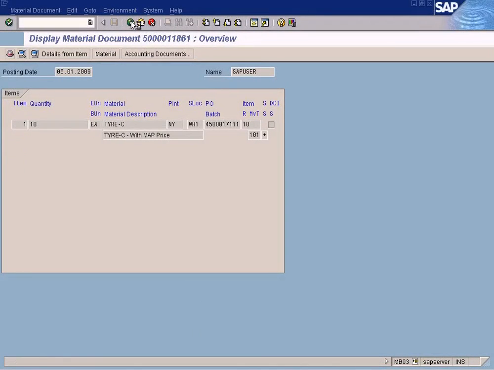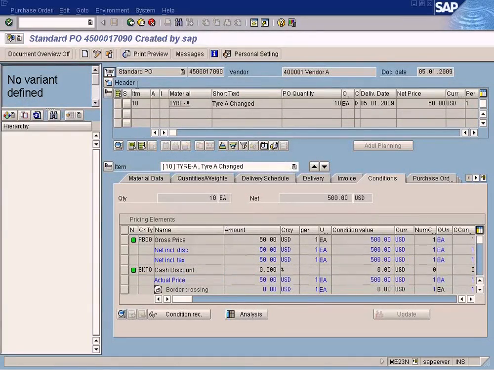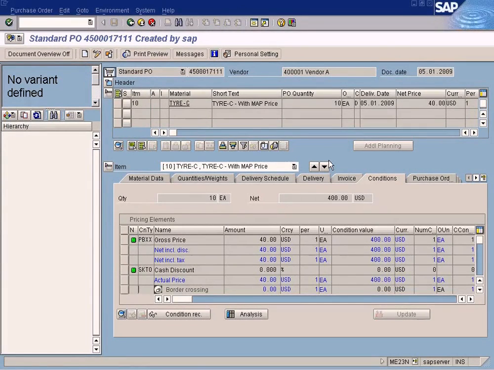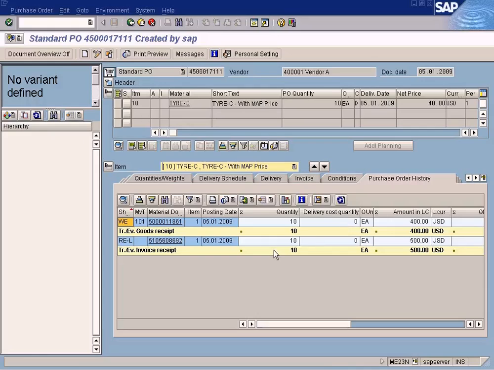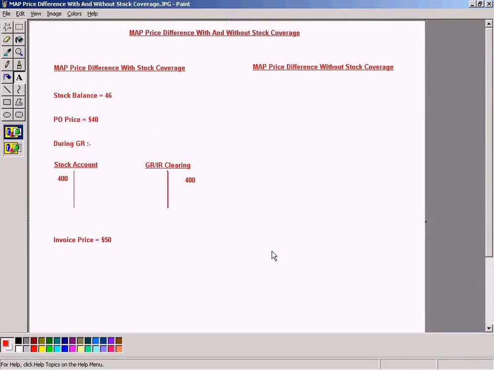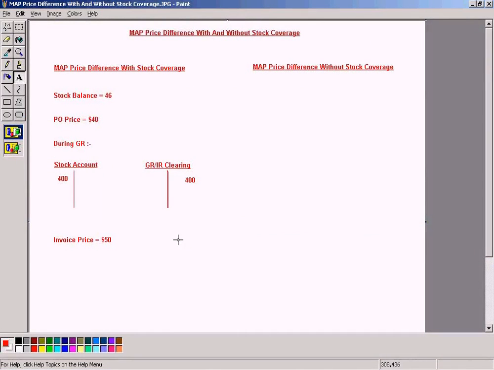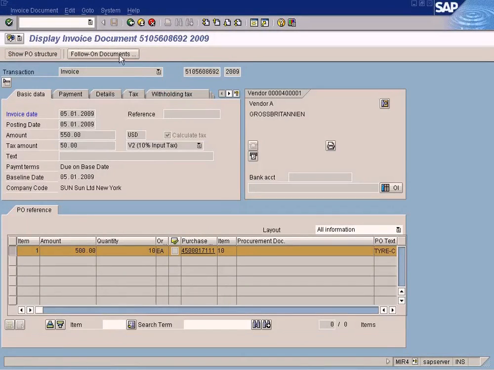Stock account is... We have seen ME23N is posted to stock account.